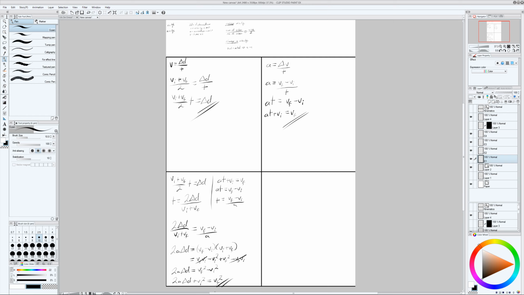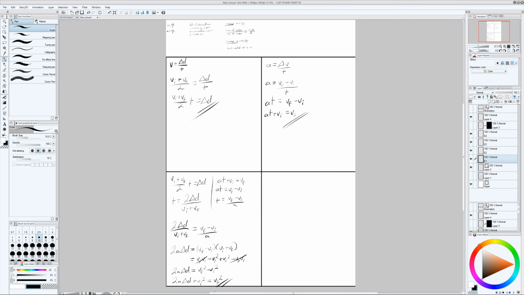Now, for the final equation, you're probably thinking, oh, well, Vi and Vf are in all of these. I'm just going to do the version which doesn't have the final velocity. However, you could do the exact same thing to get one that doesn't have the initial velocity, but often the initial velocity is either a known value or it's 0.